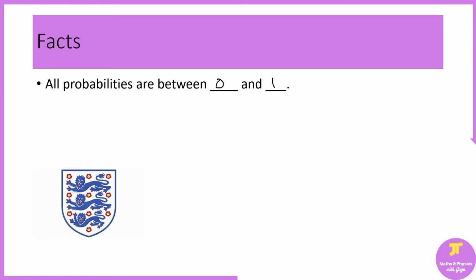So the example: what is the probability for the England football team to win the World Cup? The probability is always between 0 and 1. 0 means no chance, 1 means definitely England will win the World Cup, but it's always between 0 and 1.